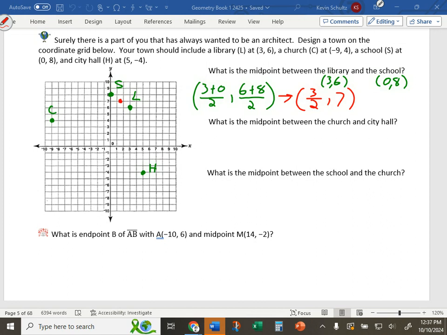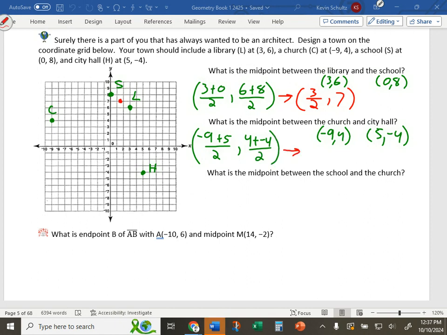What is the midpoint between the church and the city hall? The church is at negative 9, 4. City hall is at 5, negative 4. Negative 9 plus 5 divided by 2, and 4 plus negative 4 divided by 2.